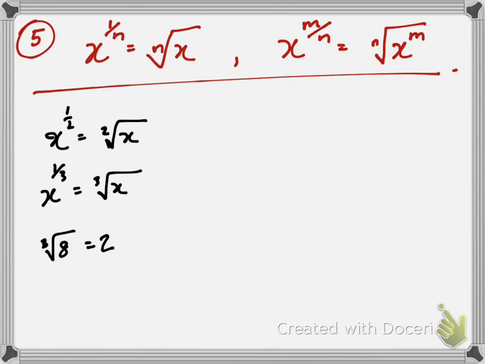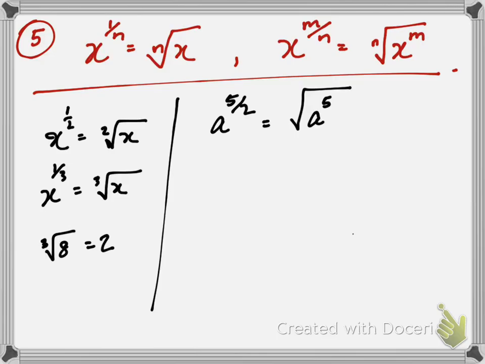Cube root. Cool. Now, if you have x to the power m over n, for example, let's say you've got a to the power 5 over 2, if you want to write this as a power and root, the number on top, the numerator, is the power and the denominator is the root.